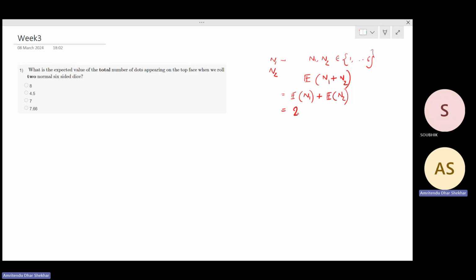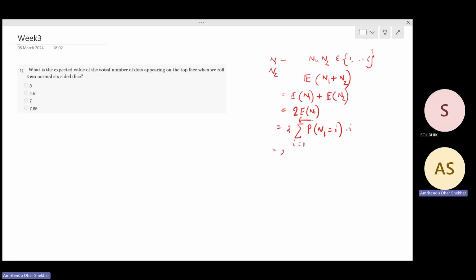So that makes it equal to 2 times expectation of N1. Now expectation of N1 is equal to the sum of probability P of N1 equals I, times I, where I is from 1 to 6.